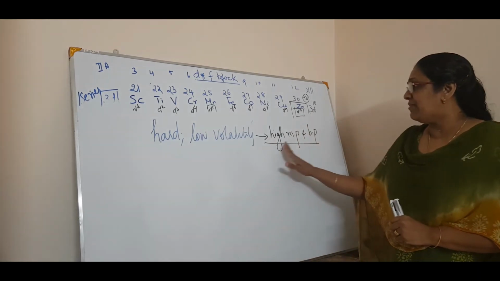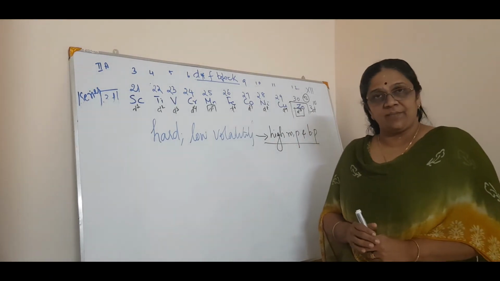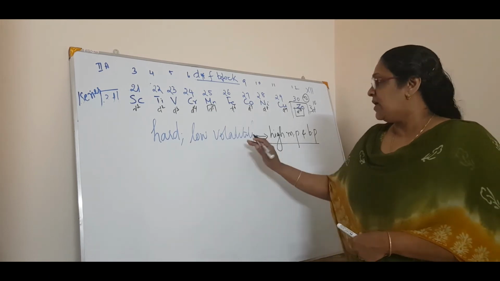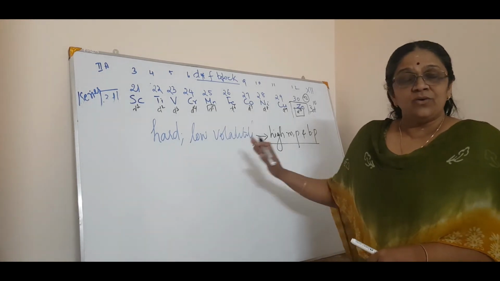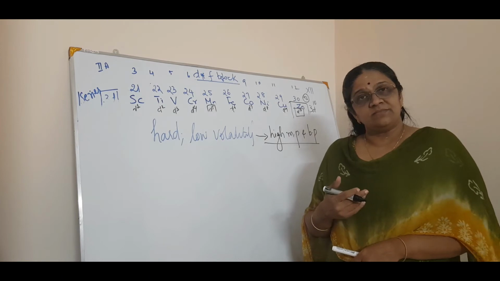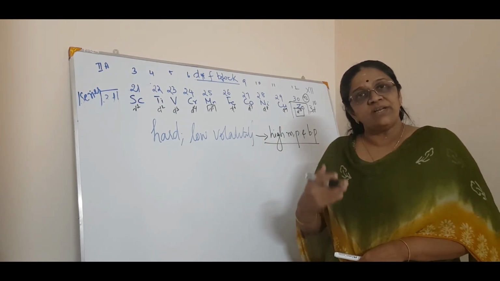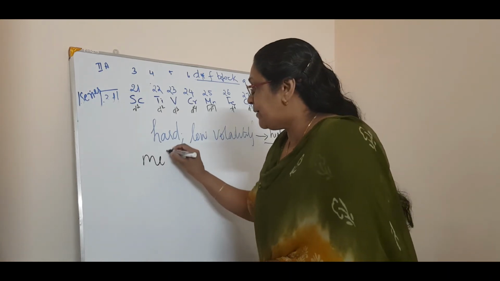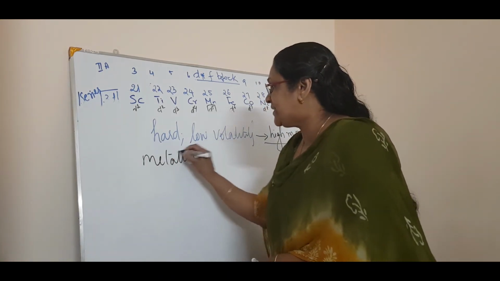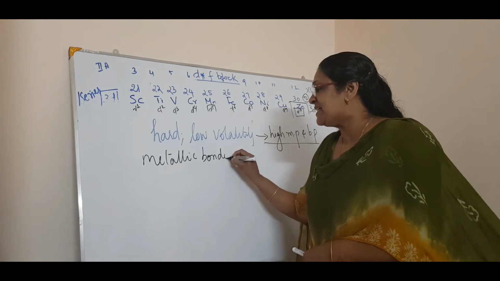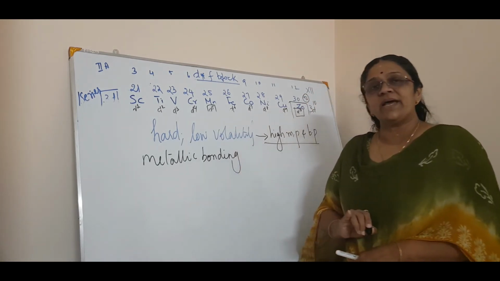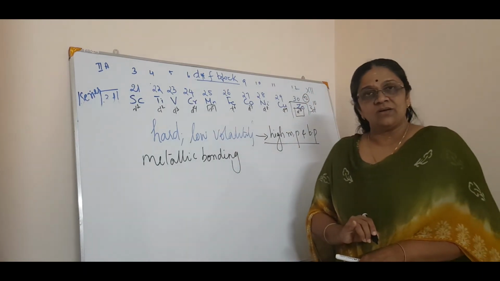So why does it have a high MP and BP? Because you know about ionic bonding, and you know about covalent bonding. One more bonding is there, which is called metallic bonding. What is it? Metal to metal bonding is called metallic bonding.